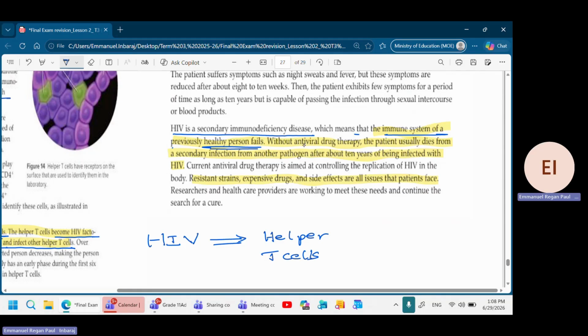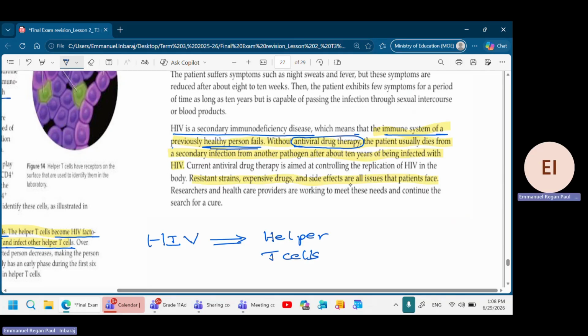Okay. So the person will definitely die, but to prolong the lifetime of a person, to make him live about 10 years more, antiviral drug therapy is given to the patient so that it will increase the lifetime of the person.